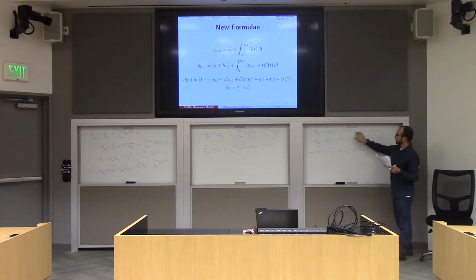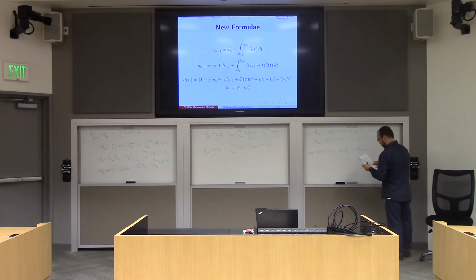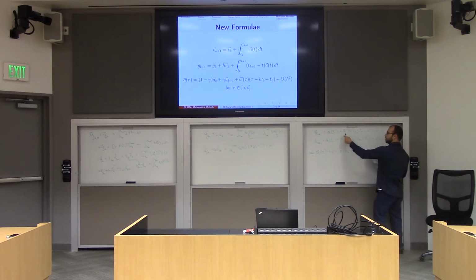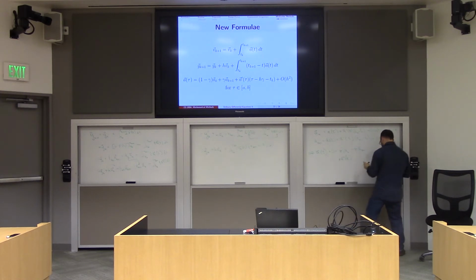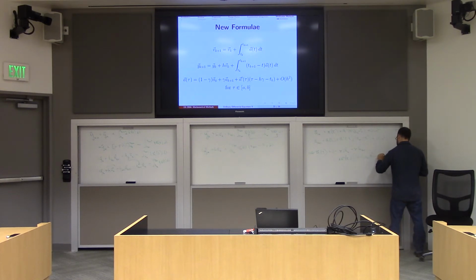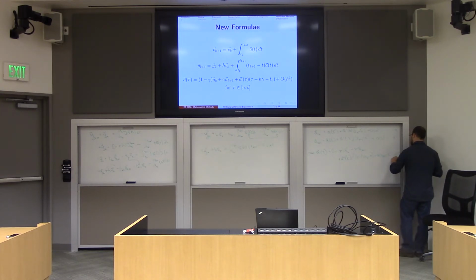And now we have to look at these two terms, and they both have an a prime of tau. And now we have this funny combination of (gamma minus 1) times (t_k minus tau) minus gamma times (t_{k+1} minus tau). All that plus order h squared.